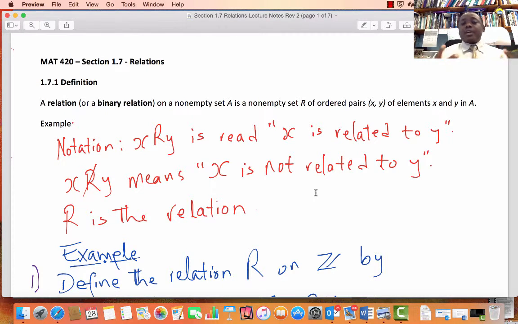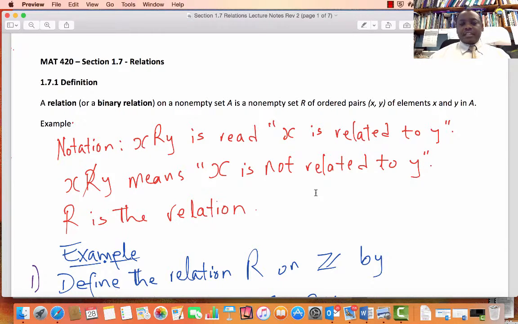For example, in working with integers, we encounter relations such as x is less than y or x is a factor of y. Even in calculus, one function may be the derivative of another function or the integral of another function.